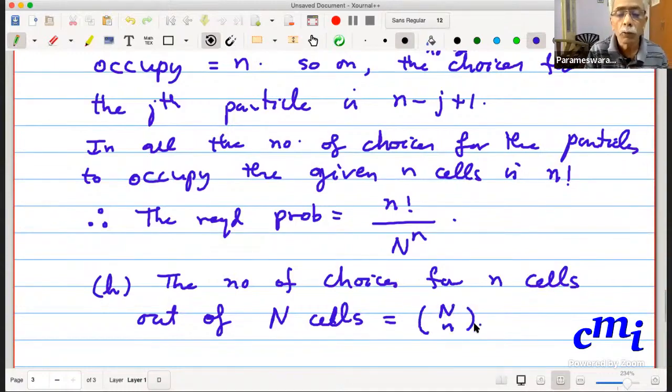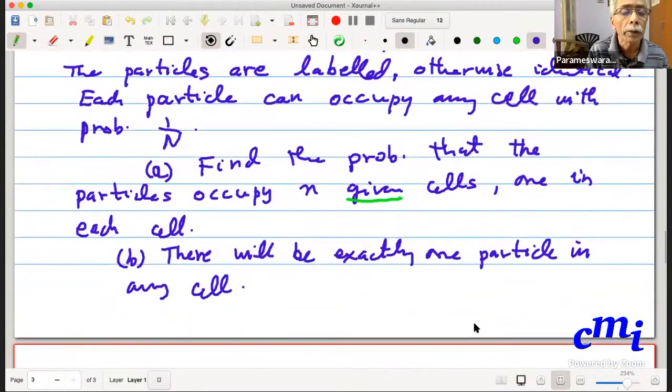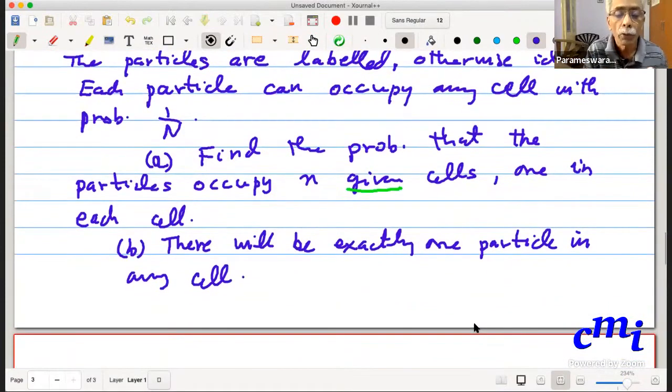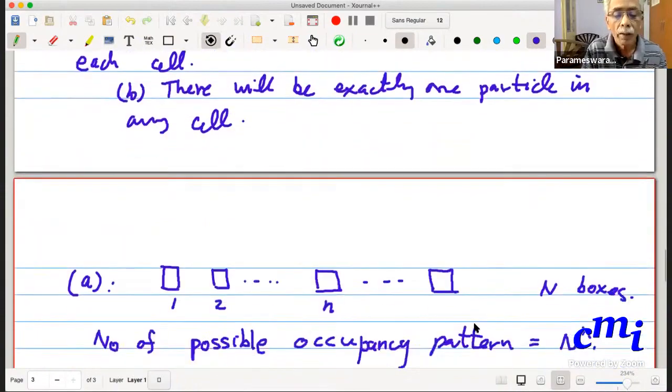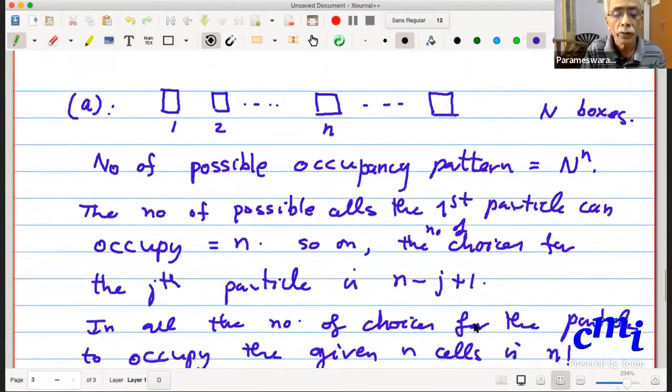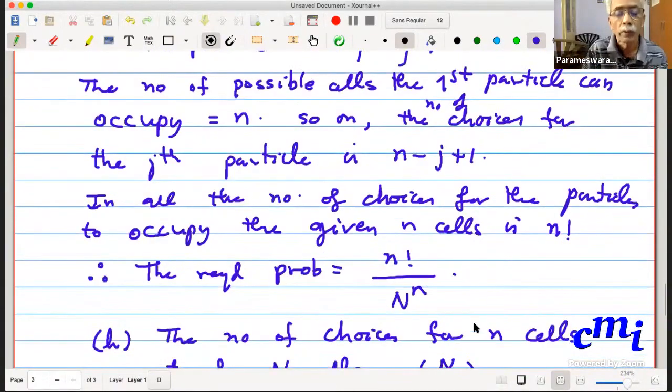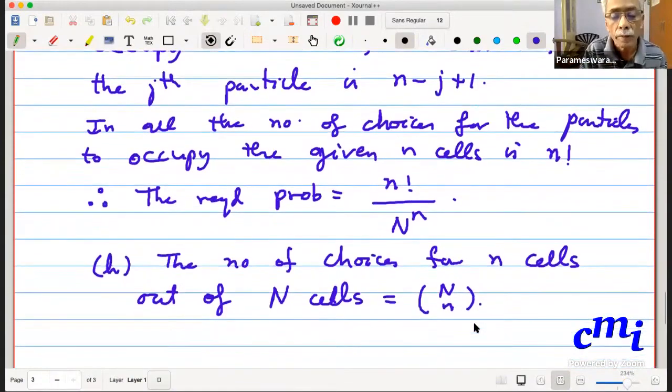And you view this second condition as follows: no restriction on which collection of n cells they should occupy, but exactly one particle occupies each cell. So you first choose a sub-collection of n cells and then arrange them according to the first scheme.